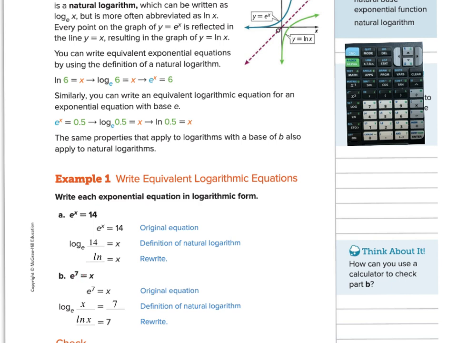Same thing here: e raised to the seventh power equals x is the same thing as log base e of x is equal to 7. Again, being able to reorder that, knowing that log base e is nothing more than my natural log.